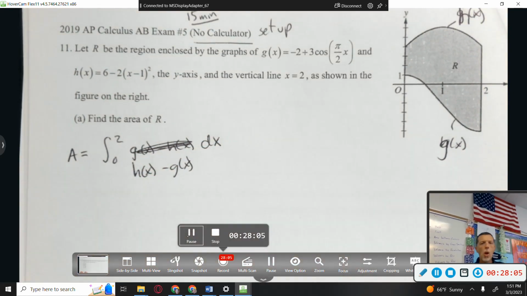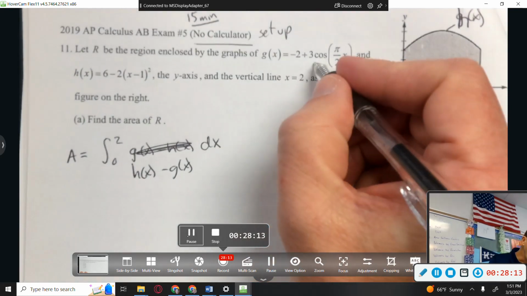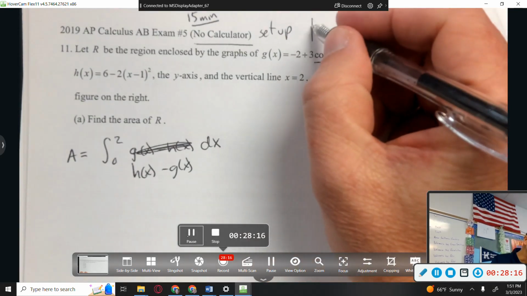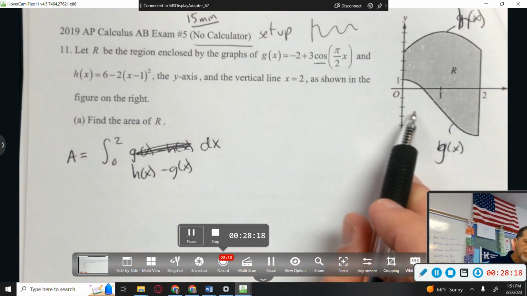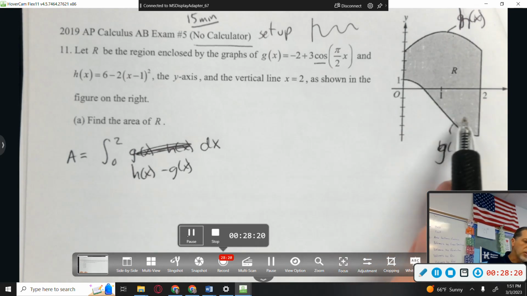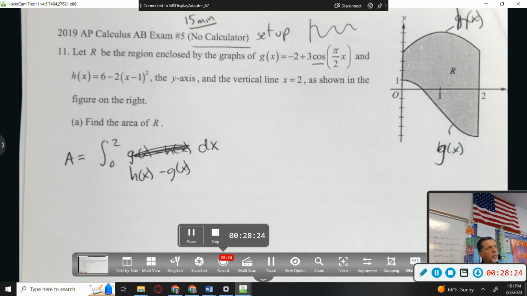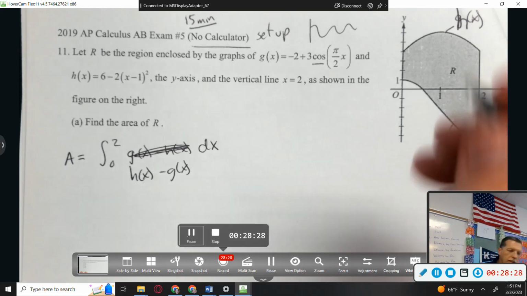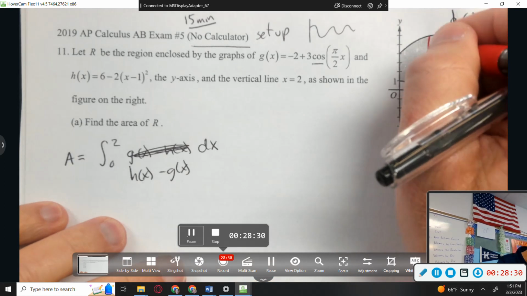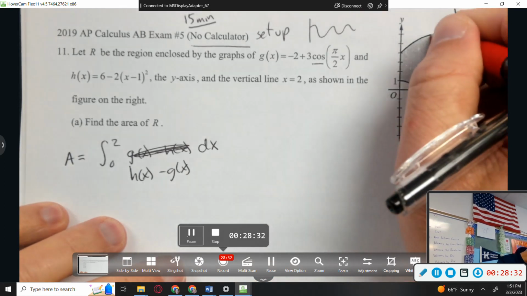We're teenagers, we question everything. G is the cosine, so cosine is going to be the one that's kind of wavy. So it's top minus bottom, so it's got to be h minus g. Right, the height of any one of these lines is the top minus the bottom.